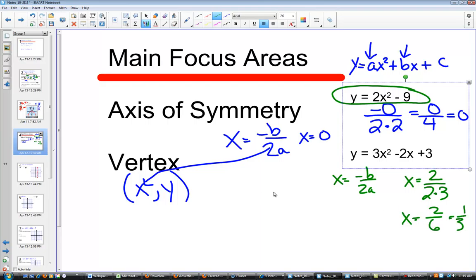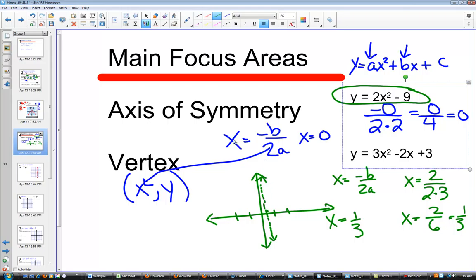So that is our axis of symmetry, x equals 1/3. It's kind of a weird axis of symmetry, but that's alright. It's not right here. Let's say this is 1, this is 2, this is negative 1, this is negative 2. x equals 1/3 is going to be right about here, so it just scoots it over a little bit. It should be vertical.